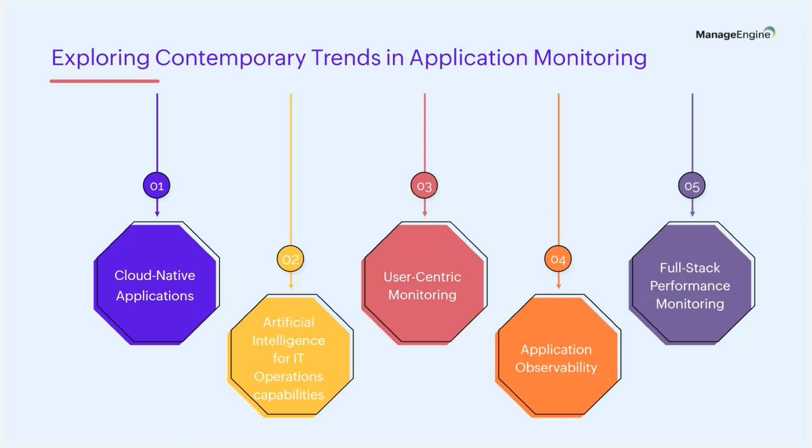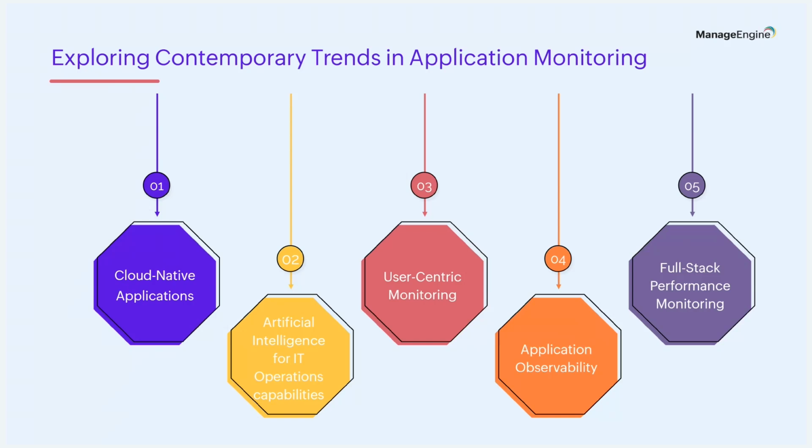These applications use microservices, Docker and Kubernetes, which help to scale them, make them flexible and more efficient. Developers and operations teams follow DevOps practices to deliver software faster. So monitoring is important here to track each component and ensure the application can handle a large number of users.